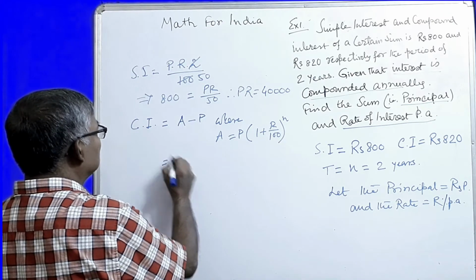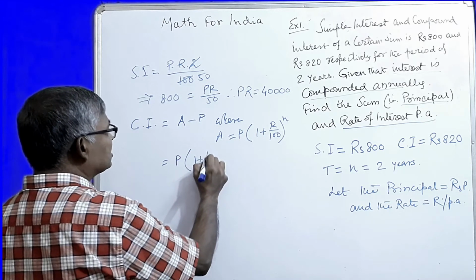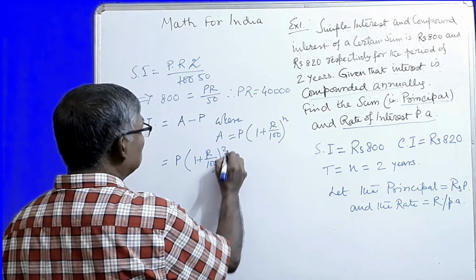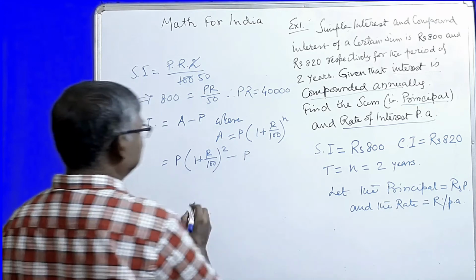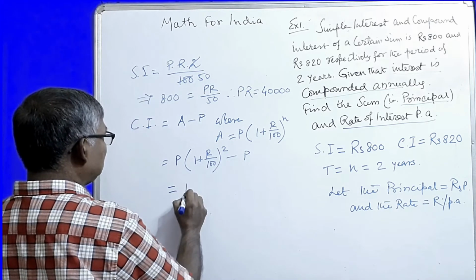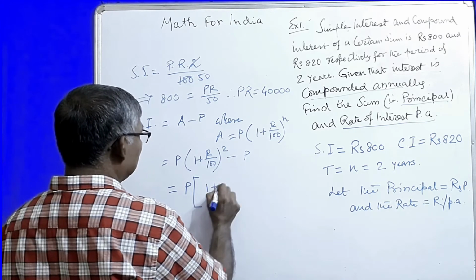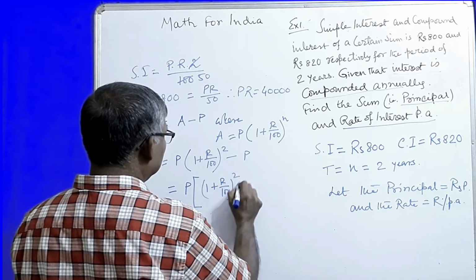Therefore, CI equal to P into 1 plus R by 100 whole to the power 2 minus P. That is, we take common P, 1 plus R by 100 whole square minus 1.